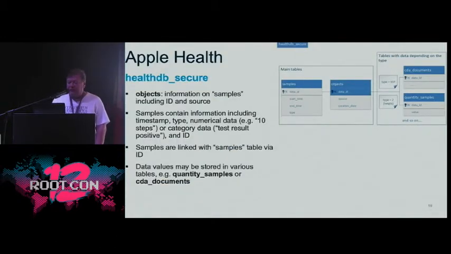In HealthDB all the data is stored as object, including the ID and the source where this data comes from. And there is also a timestamp stored in standard macOS format. There is a type, there is some numerical data I told about, and the samples are linked with the samples table via the identifiers.